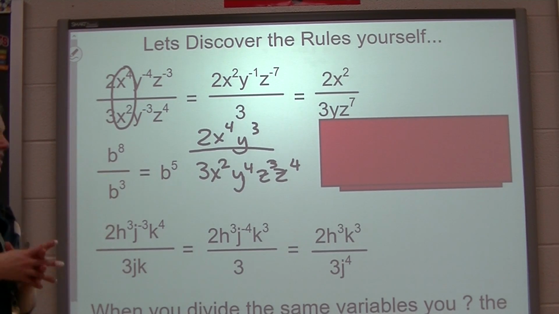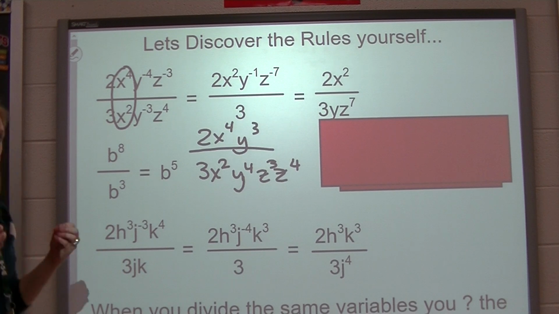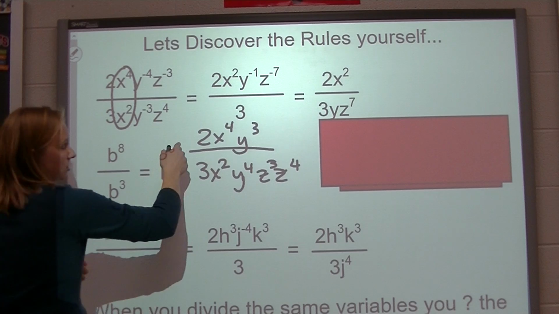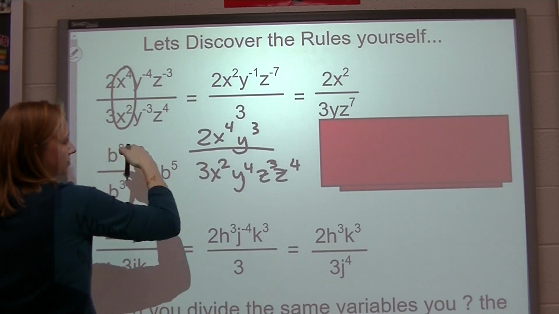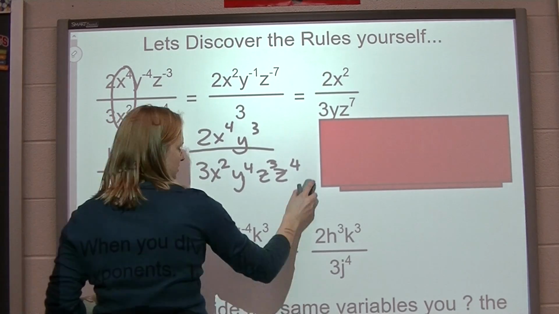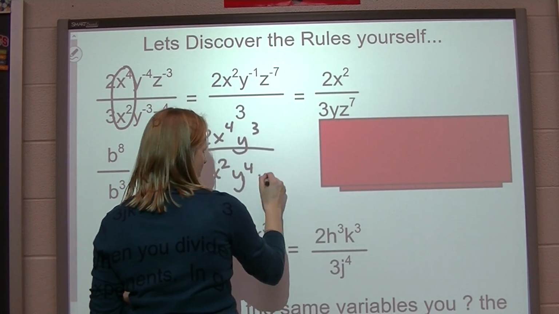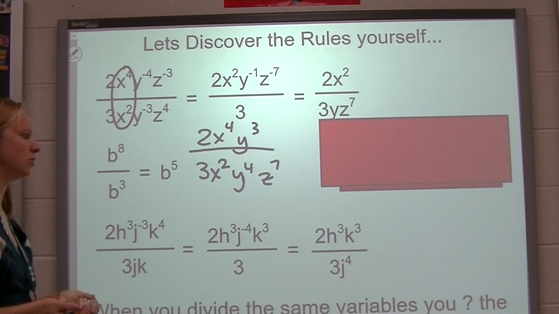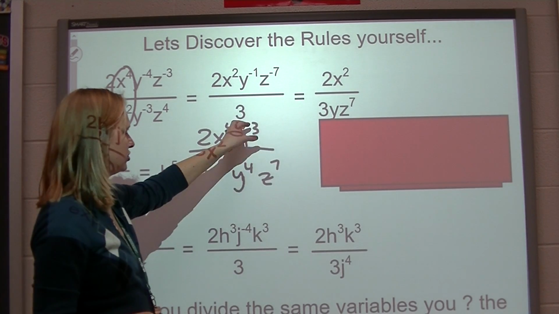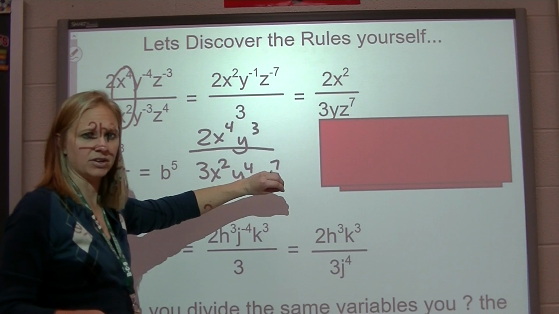And now everything's positive, so now it's just a matter of combining, using the other property of adding our exponents. So the numerator would stay the same, and then here this would go to z to the 7th. But then we have to incorporate, well, what do we do? Since the 7 is down here, I would just subtract 3 from the 7.